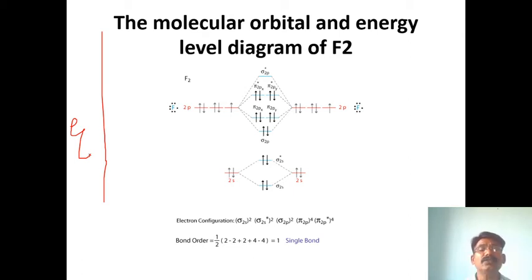In the 2s level 2 are bonding electrons and 2 are anti-bonding electrons. Here 2 electrons are occupied at the 2pz level and 4 electrons in 2px and 2py. So 6 electrons are bonding in the 2p level and 4 electrons are anti-bonding, in pi star 2px and pi star 2py.